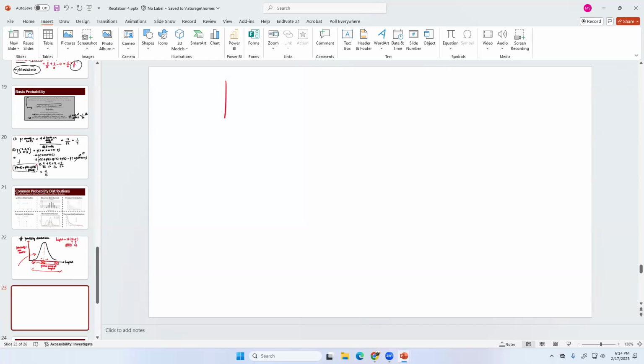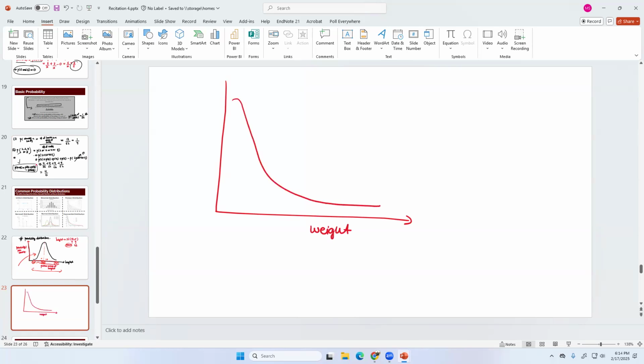What about this probability distribution?